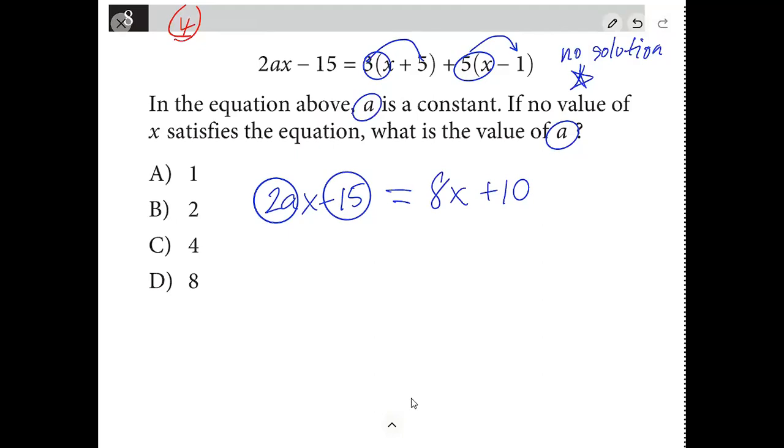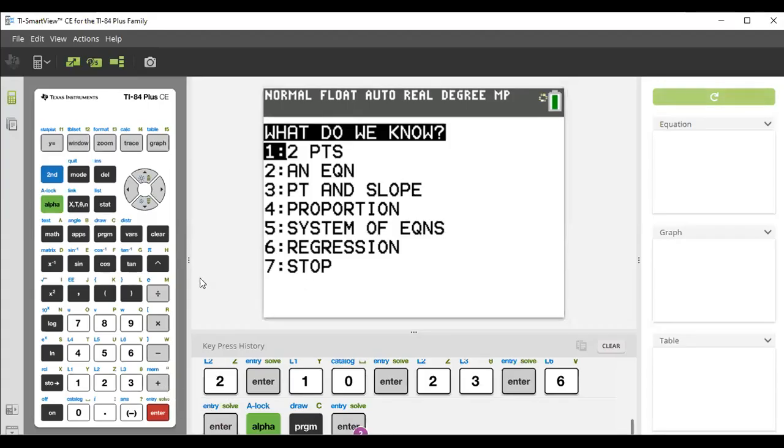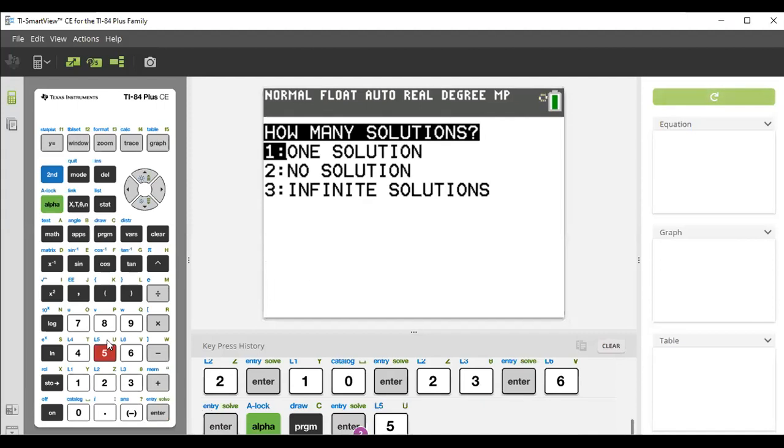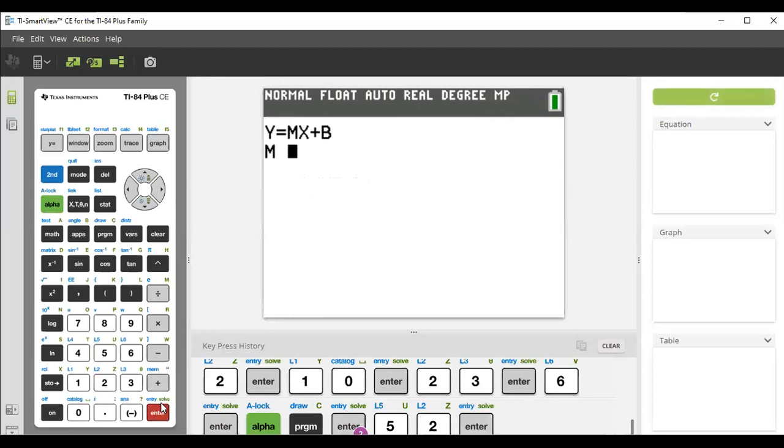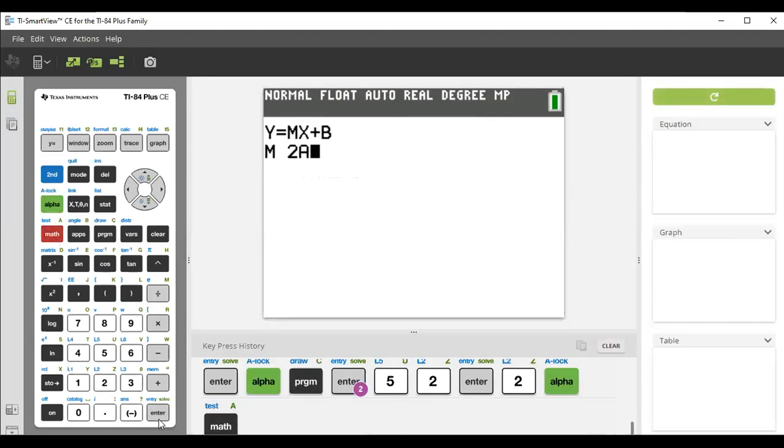We're going to press enter. Now in this case, we're going to go 5, and this is no solutions, so we would choose 2. Now this time the format is slope-intercept format. So press enter. The slope was actually 2 times the constant a, so that's what we're going to put in. We press enter. And then the y-intercept was a -15, so we would enter that.